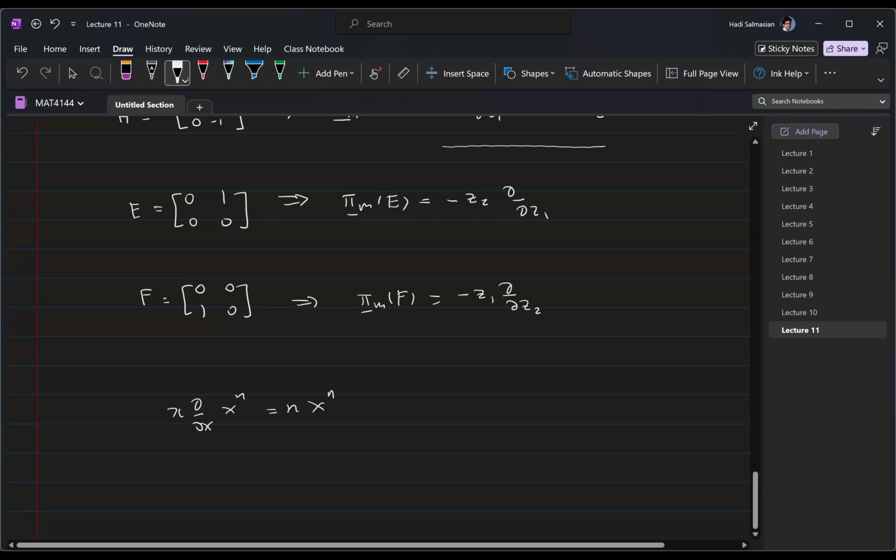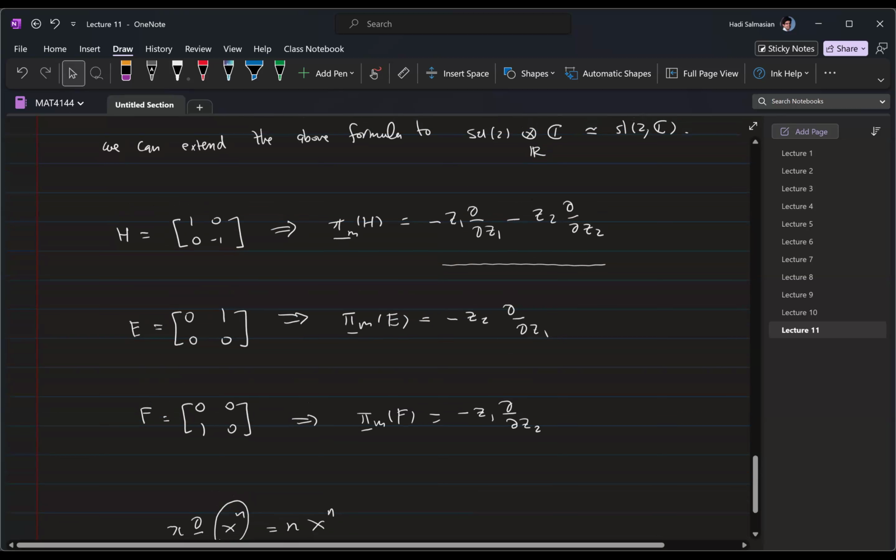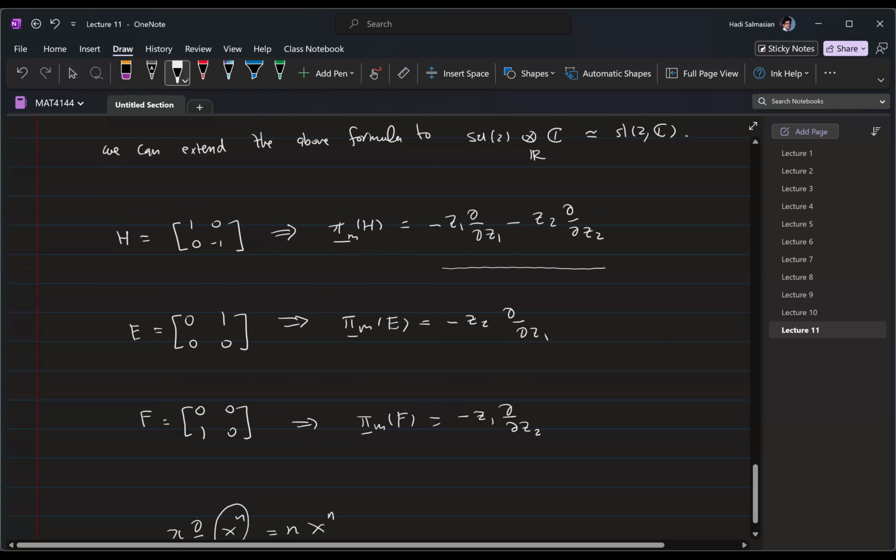So what this means is that the x^n's are eigenvectors of this operator, and the eigenvalue is the degree. Same thing happens here. If you plug in a homogeneous polynomial here, it will be an eigenvector, and the eigenvalue will be minus the degree.